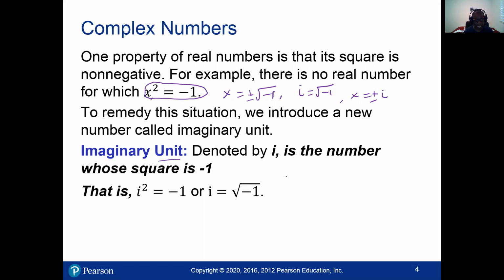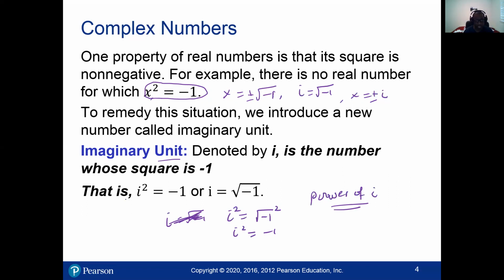We call i the imaginary unit. And when you square i, what do you have? You have -1, because if i is equal to the square root of -1, and you square both sides, you have i squared is equal to -1. Later on, we'll look at the powers of i, and we'll talk more about it when we get there.